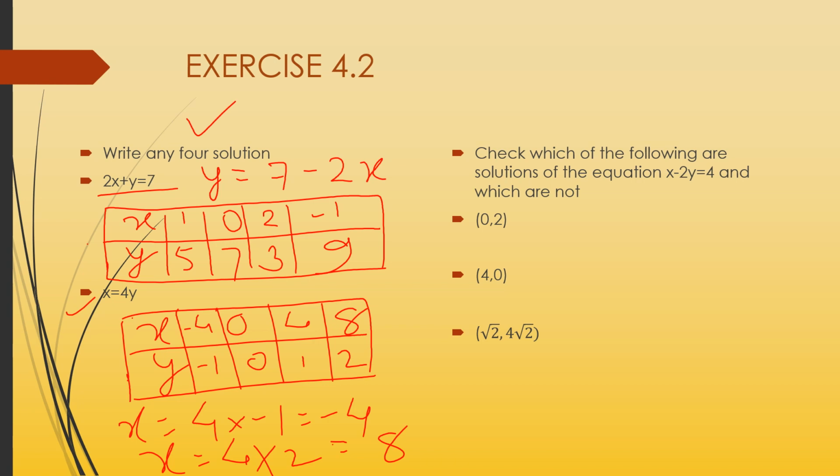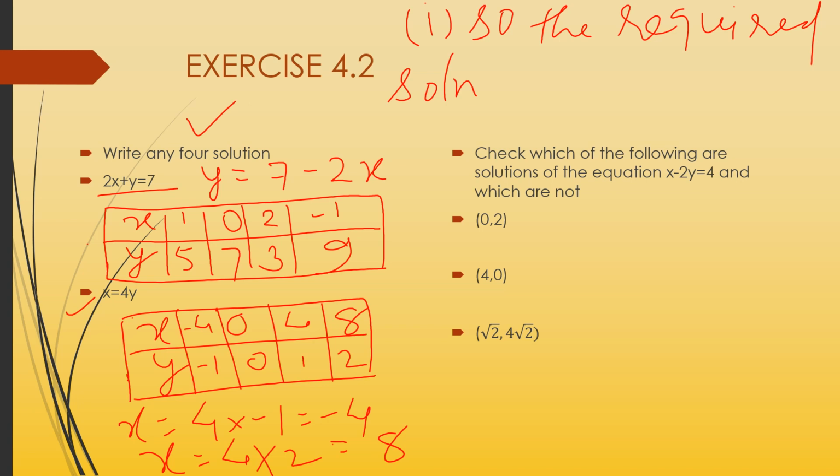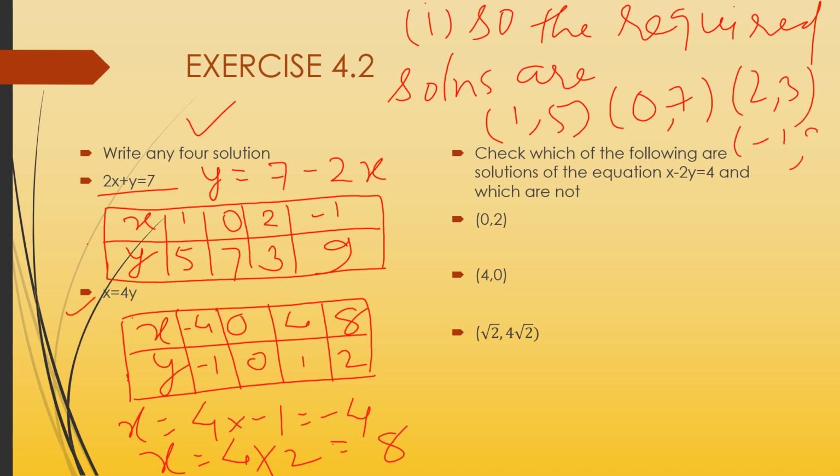So write all answers as ordered pairs. For the first part of the question, the required solutions are 1 comma 5, 0 comma 7, 2 comma 3 and -1 comma 9.